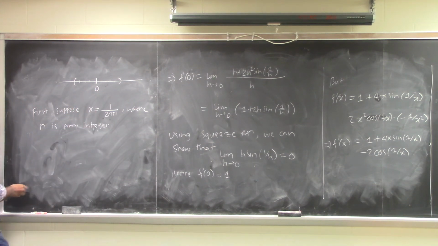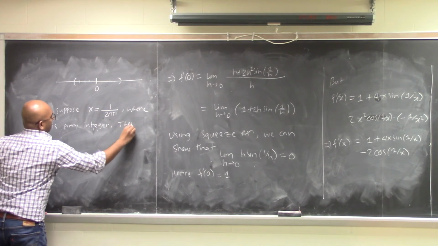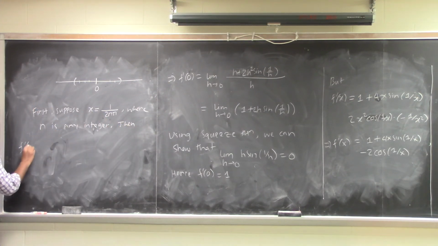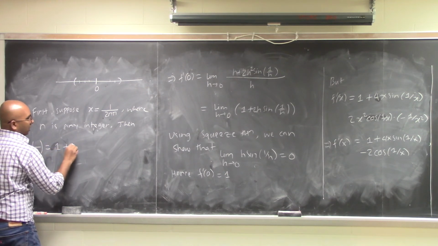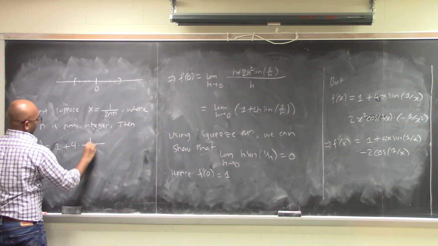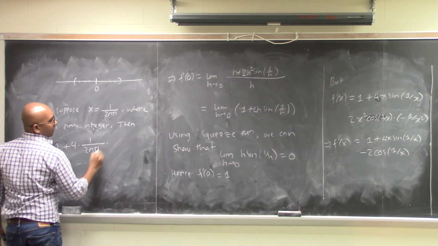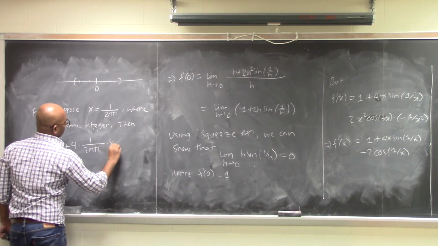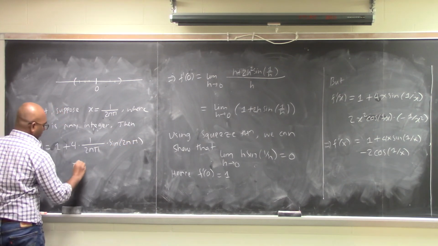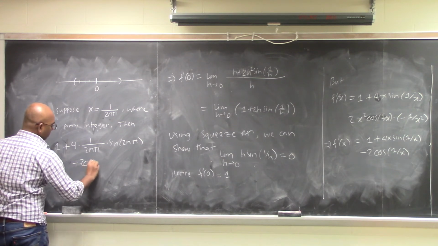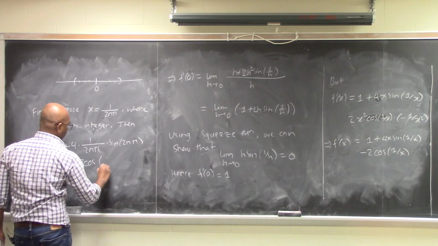Then f prime of 1 over 2n pi is 1 plus 4 times 1 over 2n pi times sine 2n pi, minus 2 cosine 2n pi.